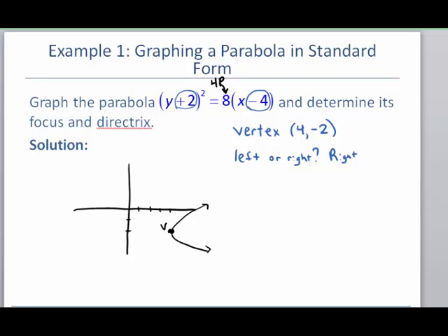So I know that the p value is going to be 2. So what that tells me is that my distance from my vertex to my focus is going to be 2 units. So I'm going to come up here and move over 2 units, and I'm going to place a point. This is going to be my focus, and that point is going to be at coordinates (6, −2).